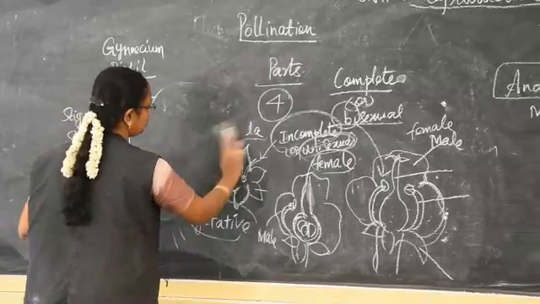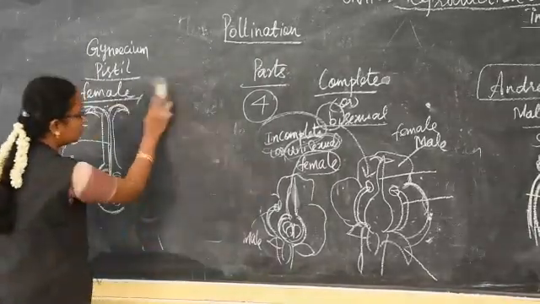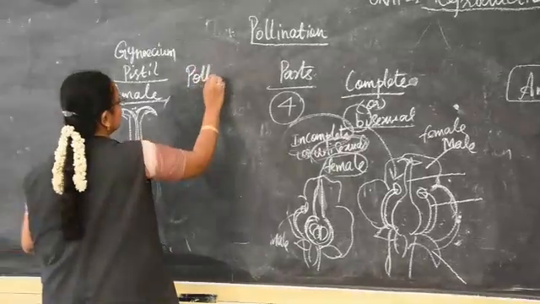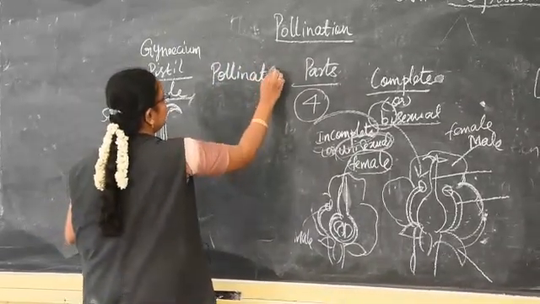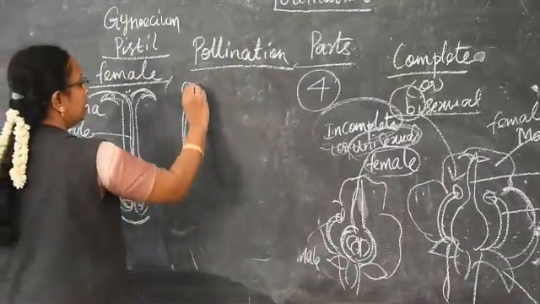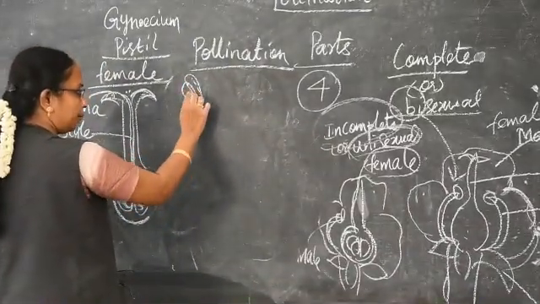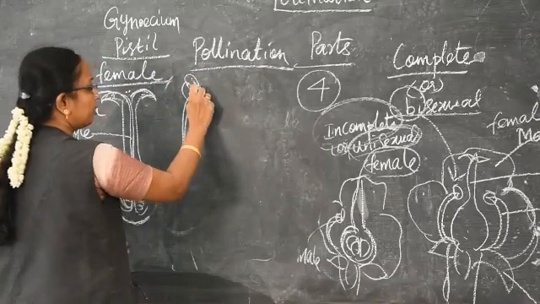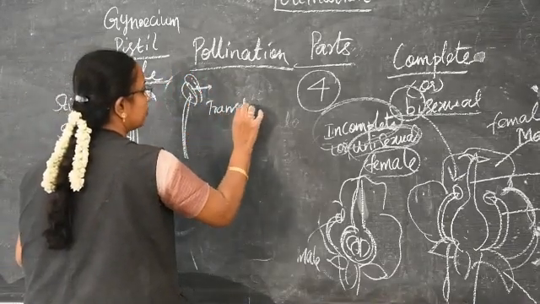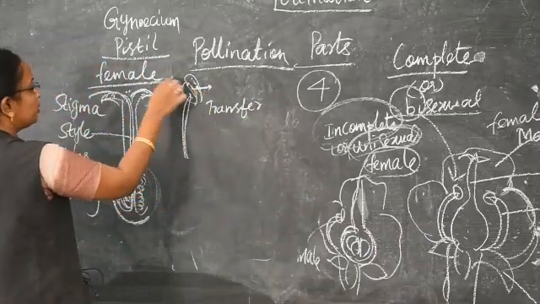Then with this information we will move on to pollination. What is pollination? The transfer of pollen grain. What is pollen grain? It is the male reproductive part of the plant. The transfer of pollen grains from the anther to the stigma.